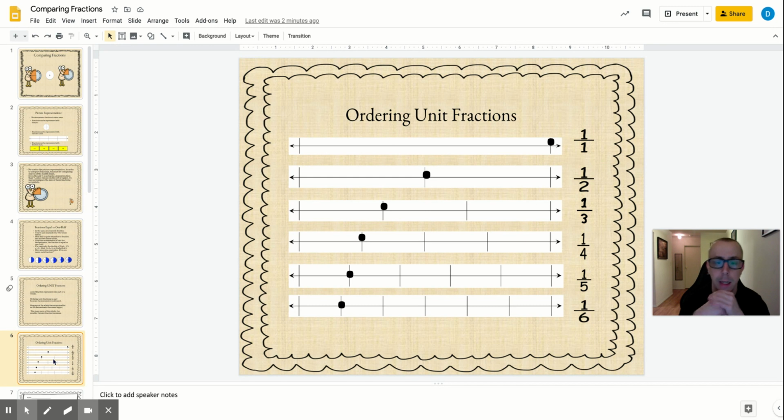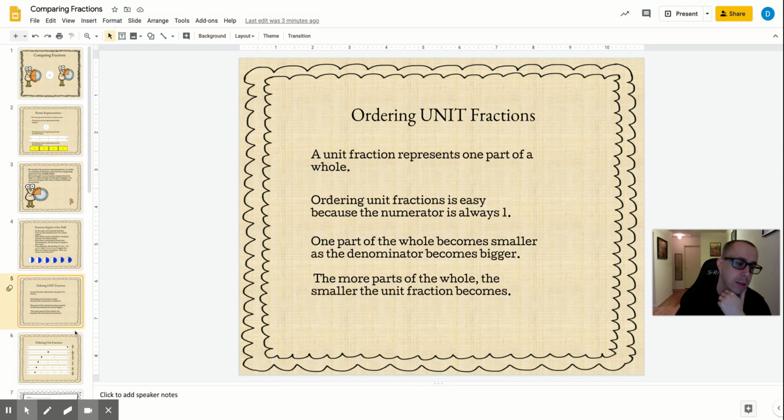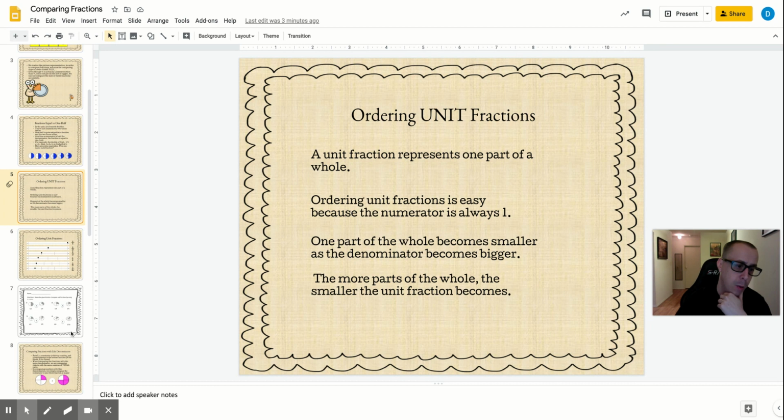You can see that it is a shorter space. So 1/2 is here. So 1/3, the denominator is getting bigger. That means it's being divided into more parts. So 1/3 is smaller, and 1/4 is even smaller, and 1/5 and 1/6 are even smaller. And we'll come back to that again.